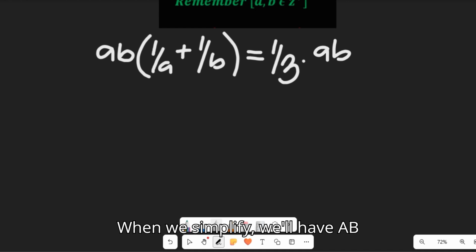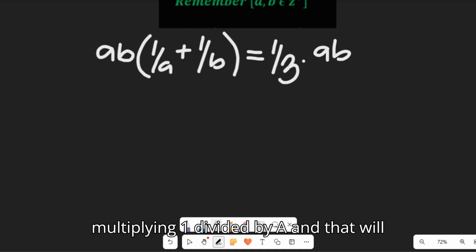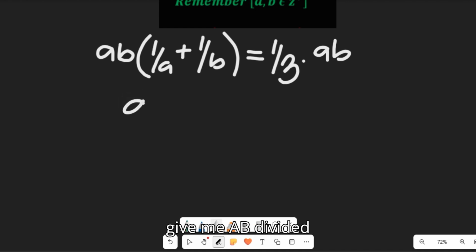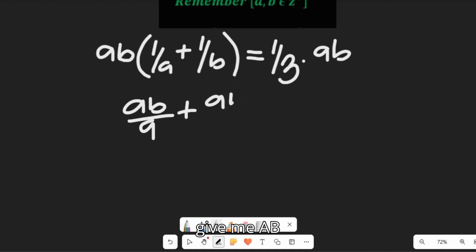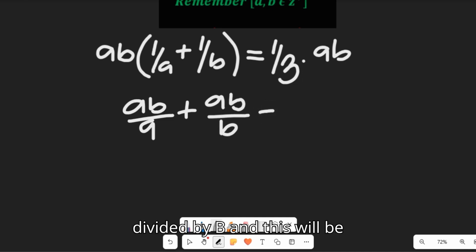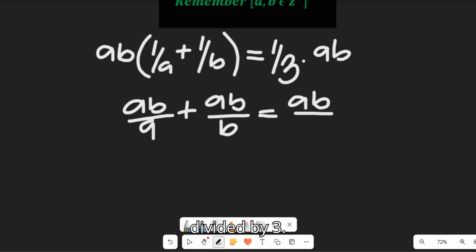In the next step, we're going to simplify. When we simplify, we'll have ab multiplying 1 divided by a, and that will give me ab divided by a, plus ab multiplying 1 divided by b, that will give me ab divided by b, and this will be equal to ab divided by 3.